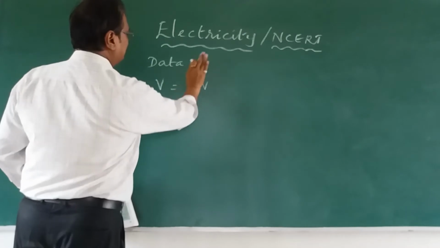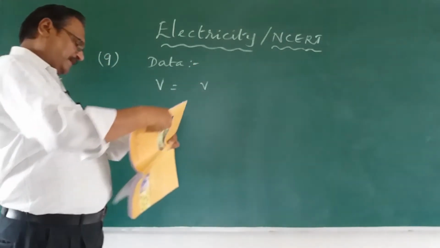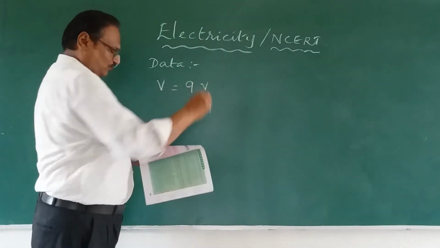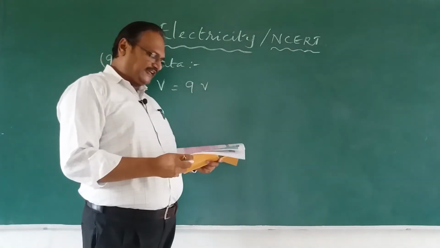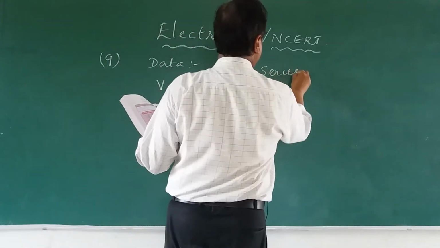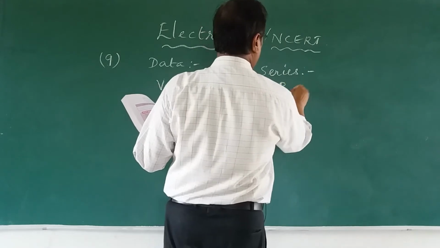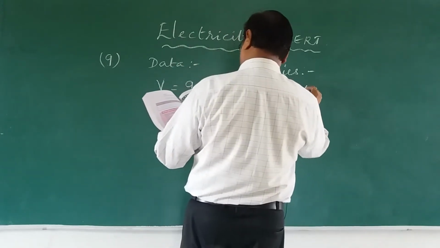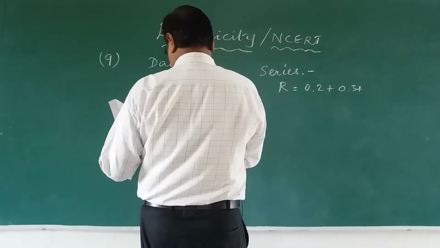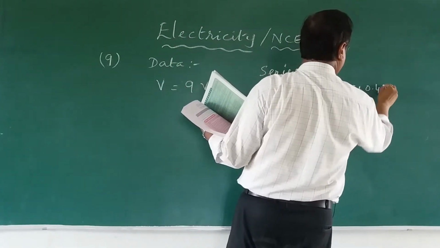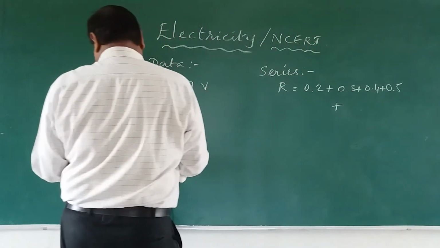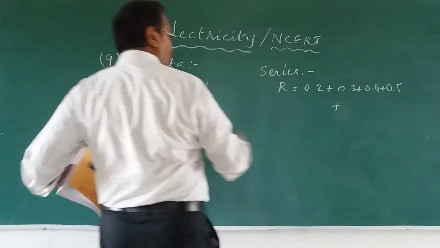So in this it is something different. Okay, a battery of 9 volt is connected in series with resistors. Keep this in mind, in series. What are the resistances you have got? 0.2 plus 0.3 plus 0.4 plus 0.5 plus then you also have 12 ohms.